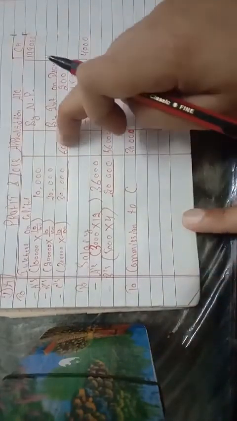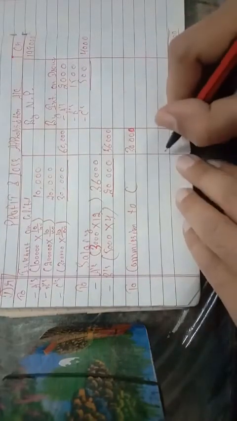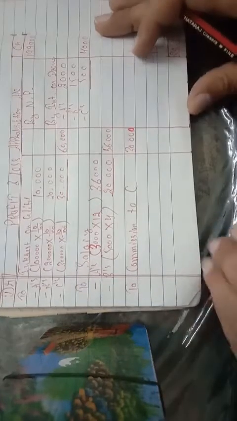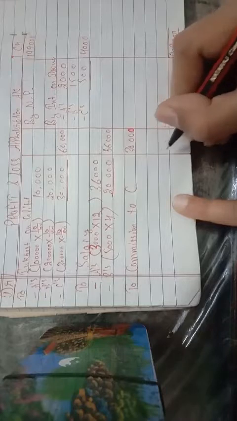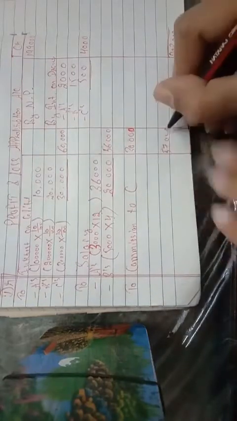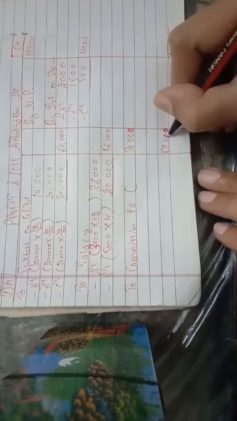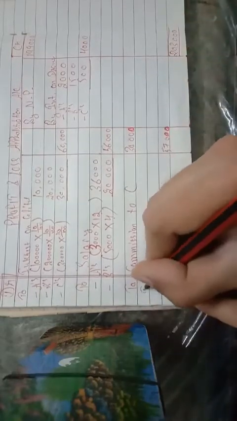And 2,03,000 minus 60,000 minus 56,000 minus 30,000, so your balance comes on this side. Balance comes rupees 57,000.